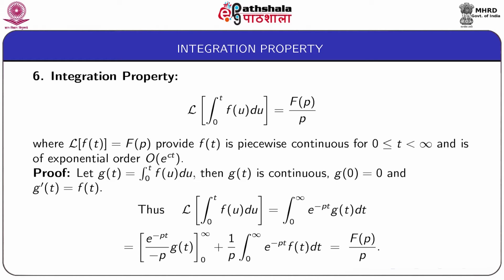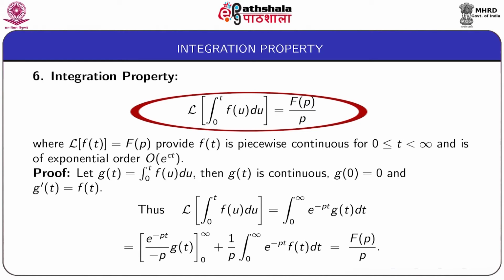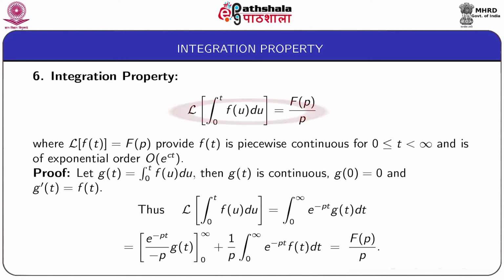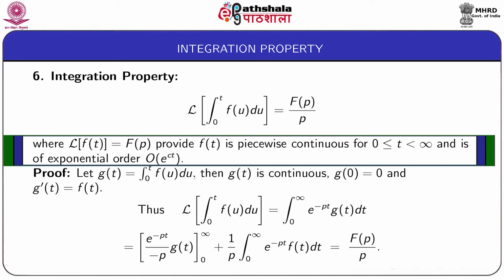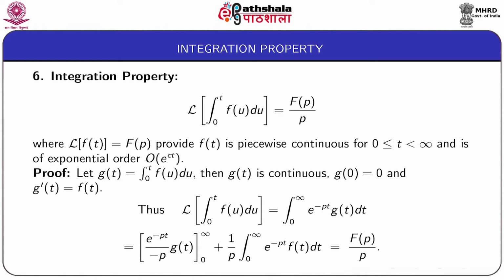Next comes the integration property, that is the Laplace transform of the integral from 0 to t f(u) du is equal to capital F(p) by p, where the Laplace transform of small f(t) is given by capital F(p), provided small f(t) is piecewise continuous for 0 less than equal to t less than infinity and is of exponential order e to the power ct.